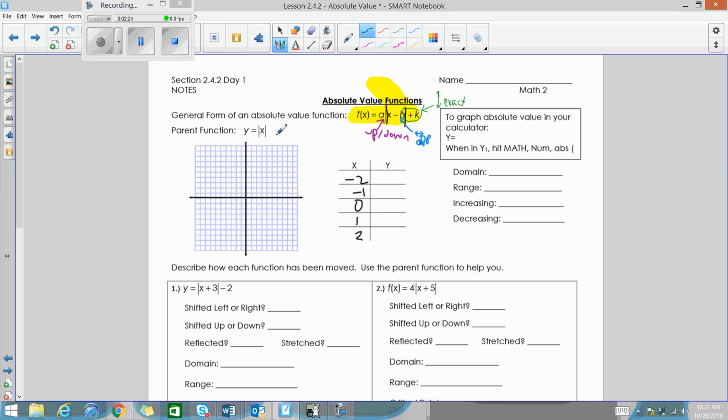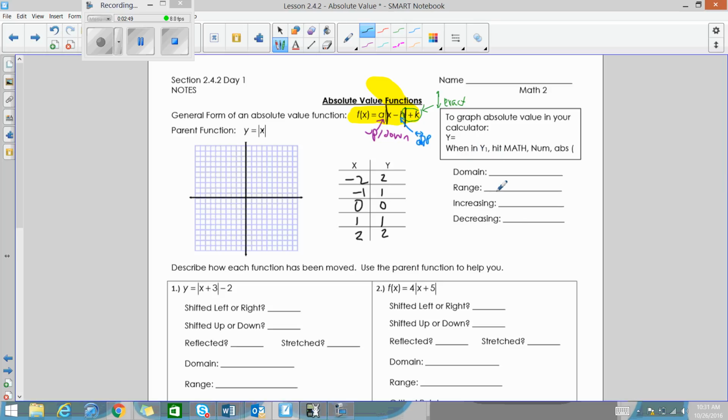So if we put -2 into the absolute value function, how far away is -2 from 0? It's 2. How far is -1 away from 0? It's 1. How far away is 0 from 0? 0. How far away is 1 from 0? 1. How far away is 2 from 0? 2. Or if you want to think about it, an absolute value function turns any negative number positive, and any positive number just stays positive.